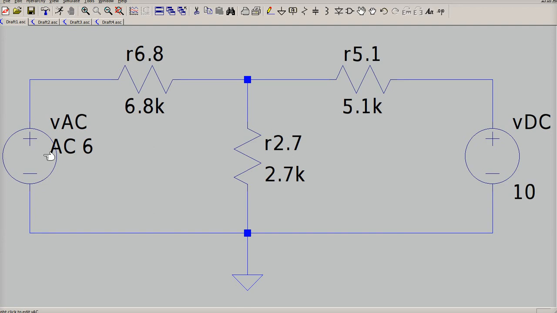And the reason I can do that is because DC frequency is 0, this frequency is 0, the frequencies are the same. What I said in the original problem was to make this one an AC, this one a DC, make them both of the same frequency.